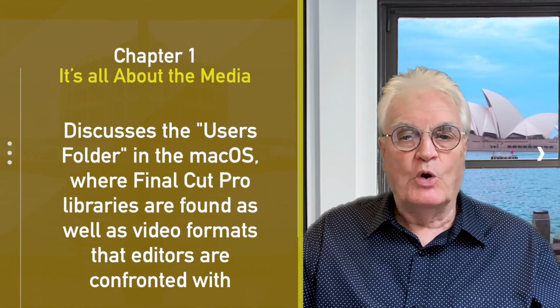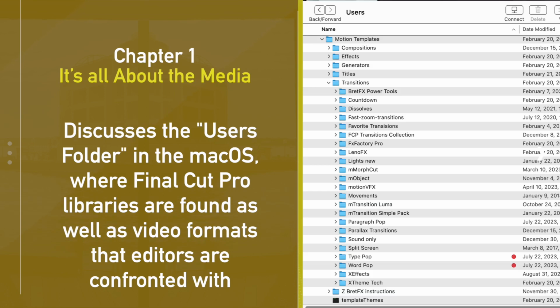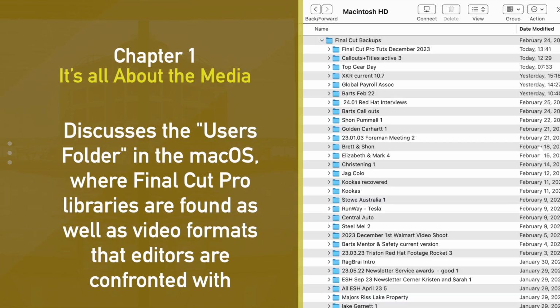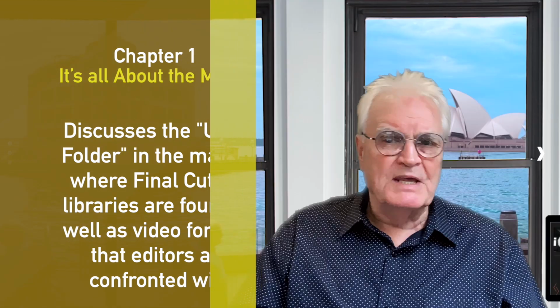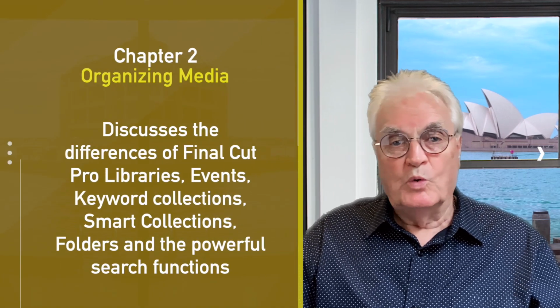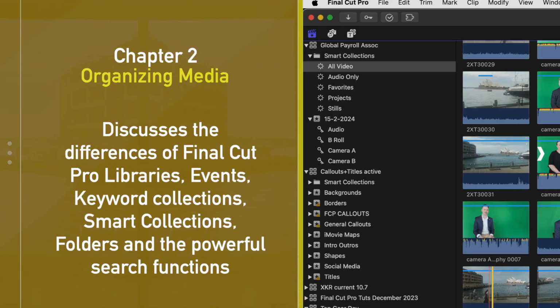Chapter 1, It's All About the Media, discusses the Users folder in the macOS, where Final Cut Pro libraries are found, as well as the different formats that video editors are confronted with. Chapter 2, Organising Media, discusses the difference of Final Cut Pro libraries, the events, the keyword collections, the smart collections, folders, and the powerful search functions.